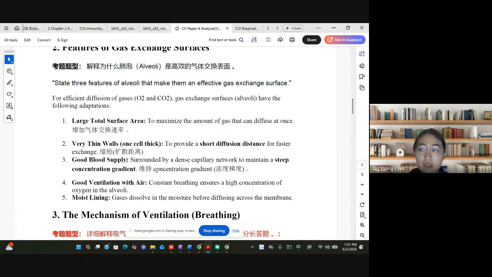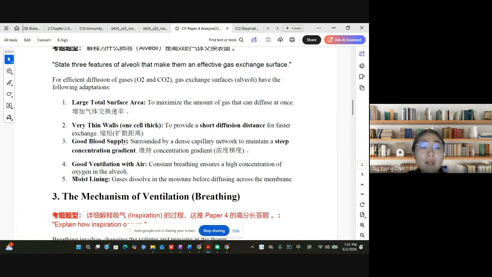So the oxygen can diffuse from the alveolus into the blood capillary. And in the blood capillary, there is a very high partial pressure of carbon dioxide, so the carbon dioxide can also diffuse by simple diffusion into the alveolus, and then it will be exhaled out.